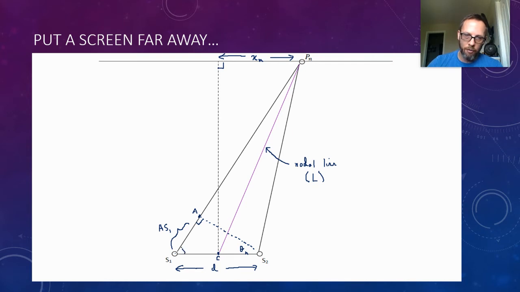This angle that I just marked up is the same in both of them, which means, and you learned this in your grade 10 math course, with similar triangles, if two angles are the same, you have two similar triangles, they have the same shape, which means the third angle is the same, which means this angle tucked in right here is actually theta n as well. So it gives you the angle of the nodal lines.